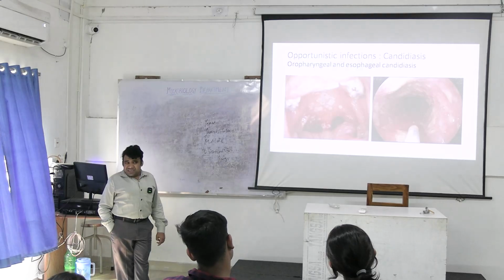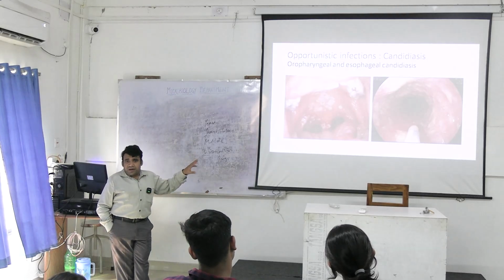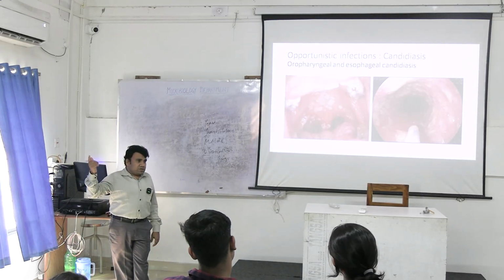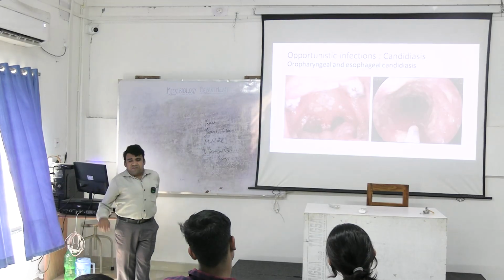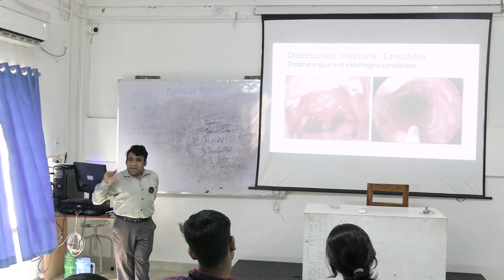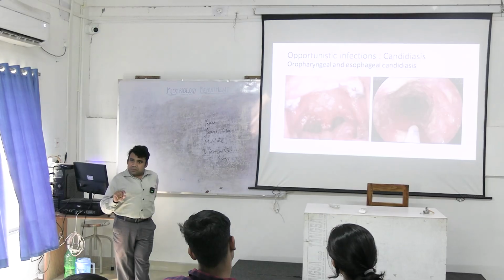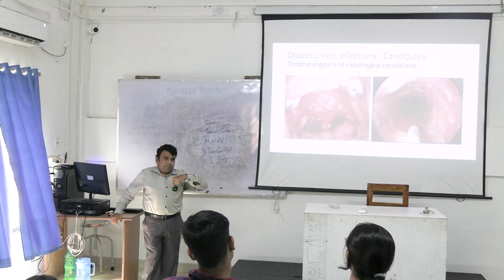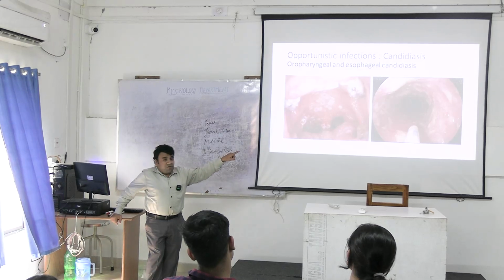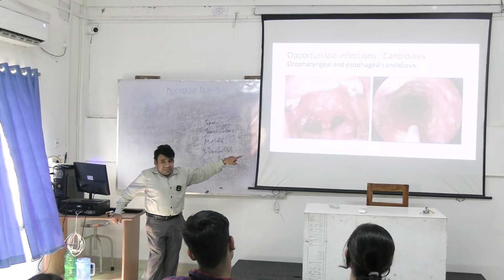Now this is not just a mere overgrowth of Candida like the oral thrush that you saw in the tongue. Here you can find small discrete patches. Next, if we go further down and put an endoscope, we can find small patches along the esophagus.